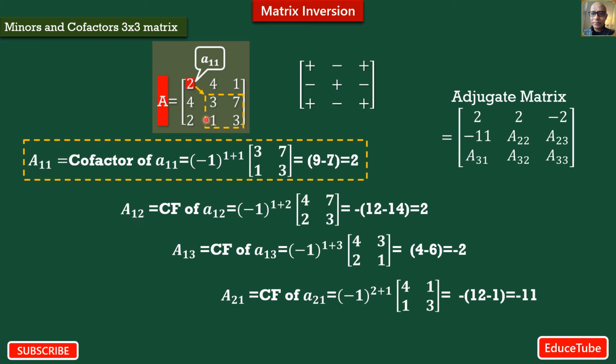Again A12, these positions, 1 plus 2, so it is negative, and these are the minors 4 and 2, 7 and 3, so my result is 2, so I put 2 here. For the third, same procedure, I got minus 2, so I put minus 2 here. Then for 2, 1, A21, I got minus 11, so I put minus 11 in this position.